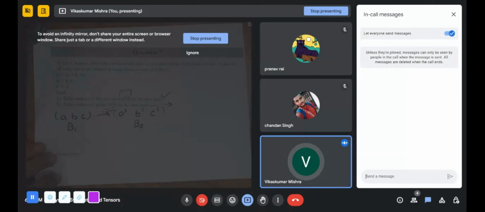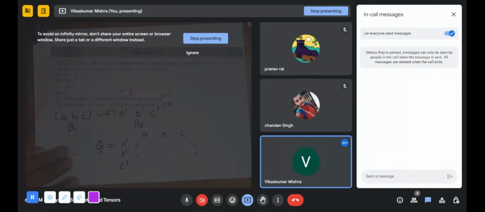It's not very complicated. We know how we can do that. In the lecture, it has been taught that for this, we need the general coordinate transformation matrix, that is Q. Q is a matrix in such a way that it will transform our initial basis vectors A, B, and C to A dash, B dash, and C dash.